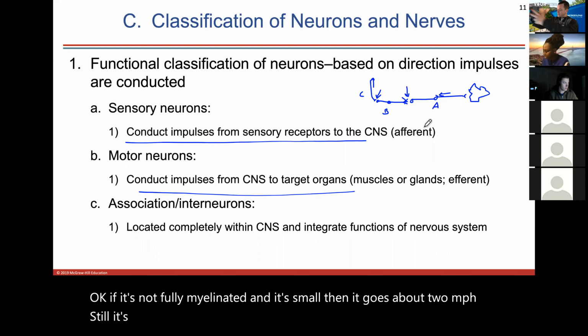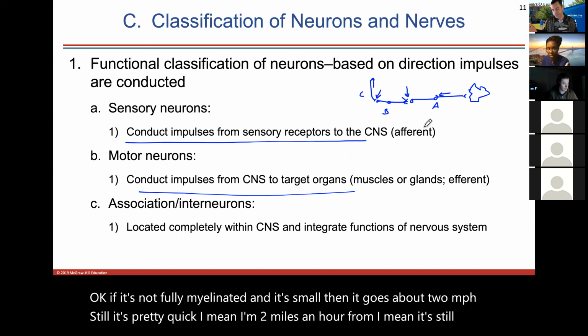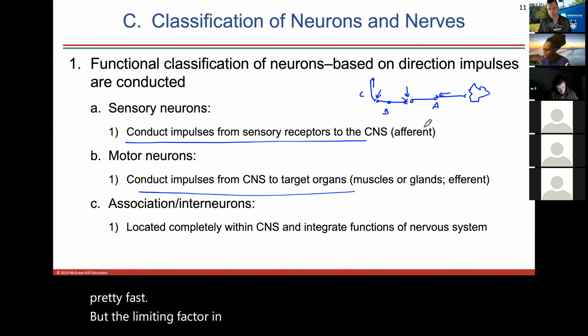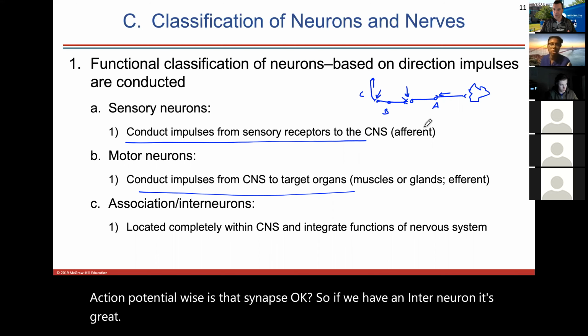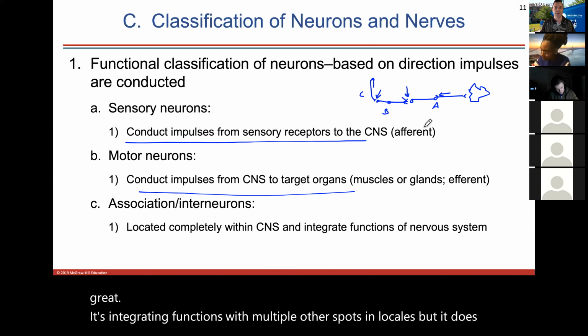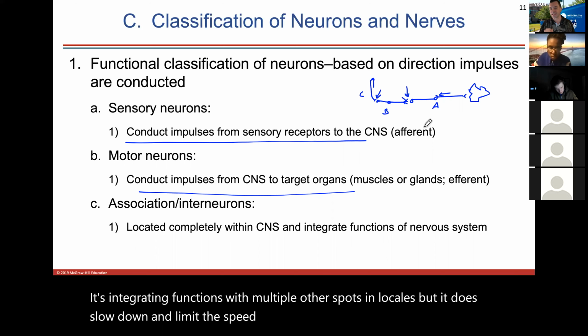I mean, it's still pretty fast. But the limiting factor in all movement, action potential wise, is that synapse. Okay, so if we have an interneuron, that's great. It's integrating functions with multiple other spots and locales, but it does slow down and limit the speed to which an impulse can travel.